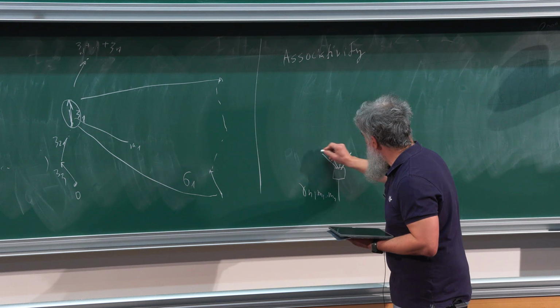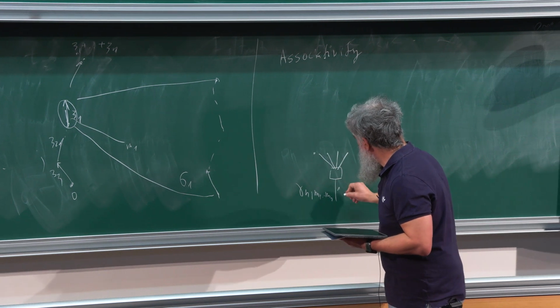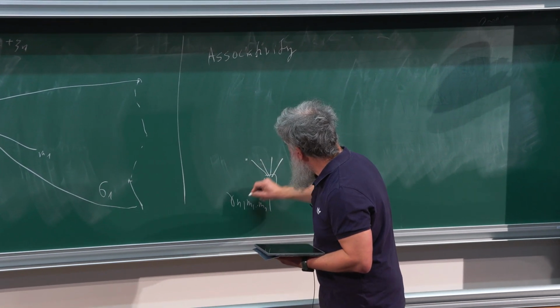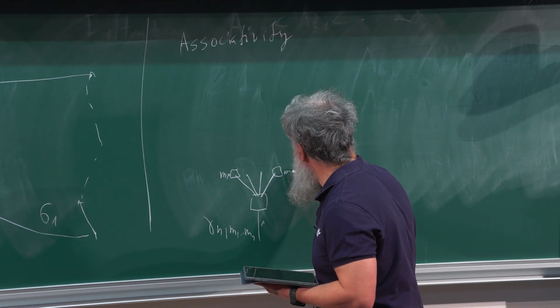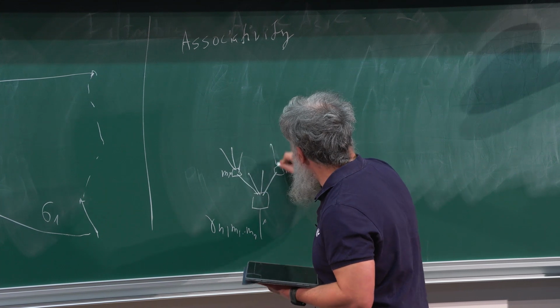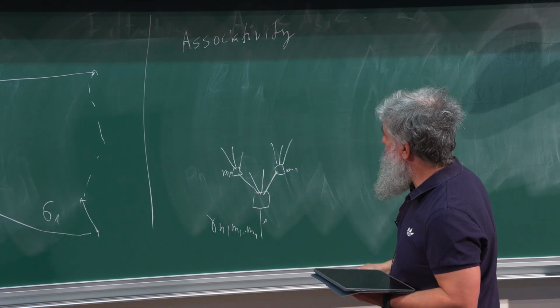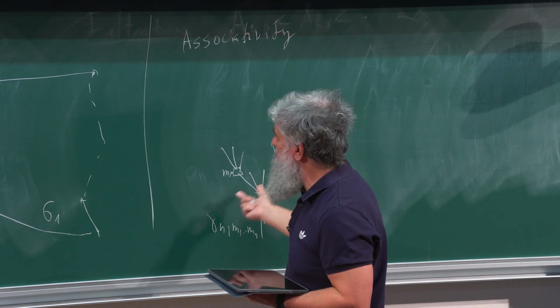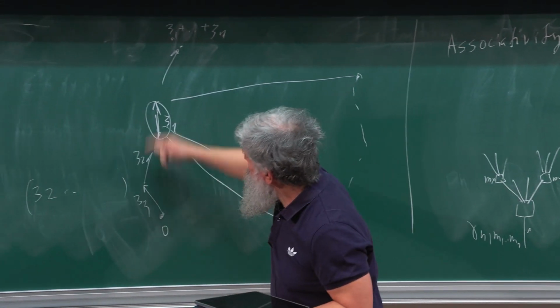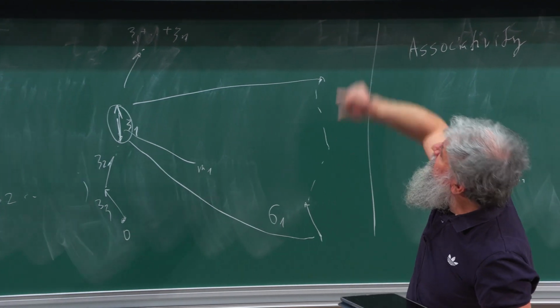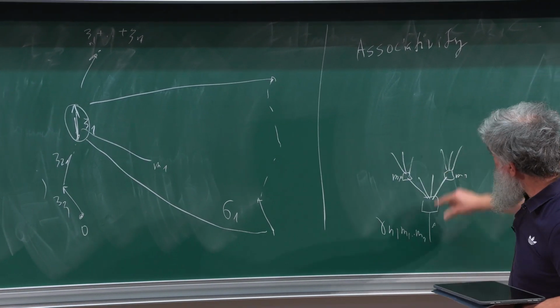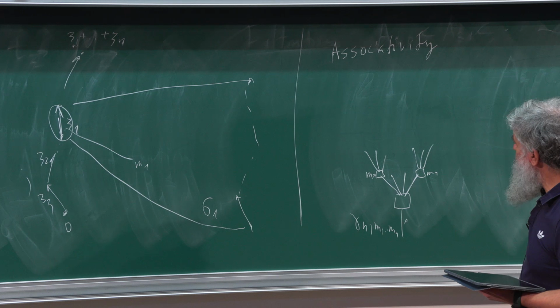So this is n: one input, n outputs. Then in each there is m1 through mn, and then n outputs. This corresponds to this permutation, to this path. Then the others correspond to sigma i. We insert them, and then we have such a diagram.